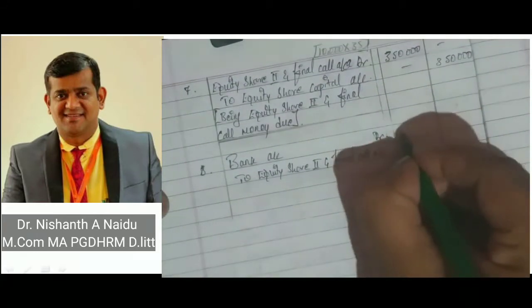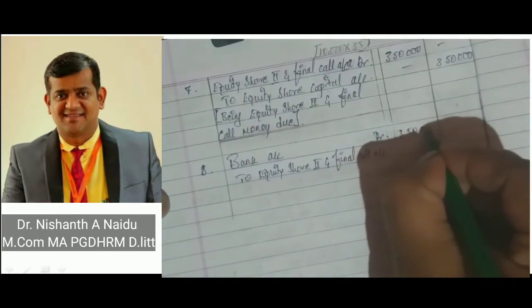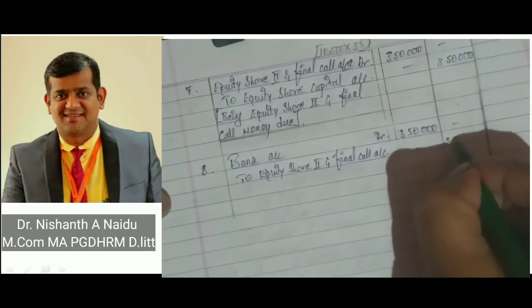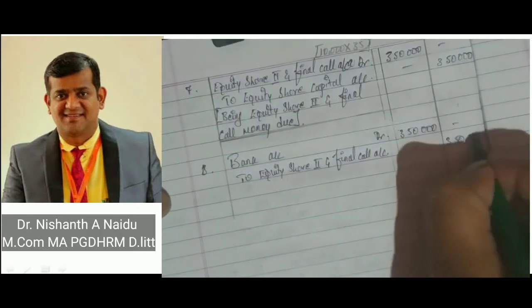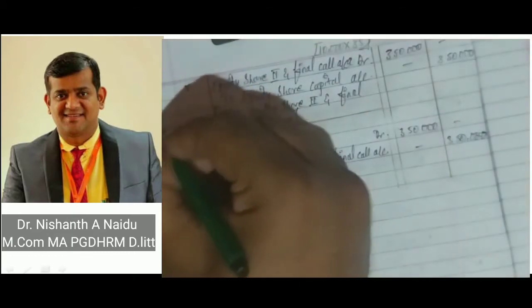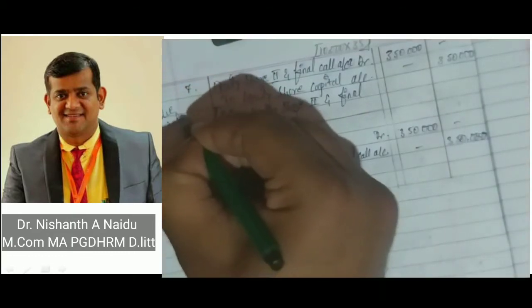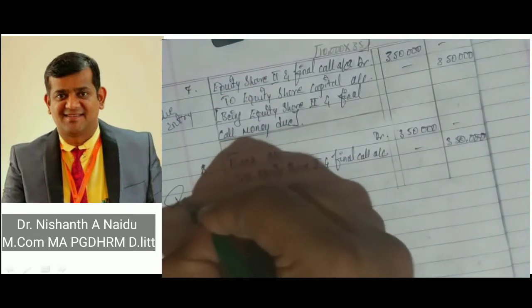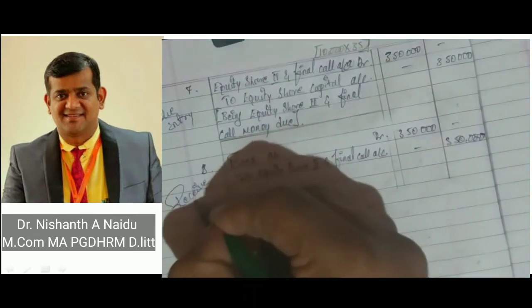So the amount comes same, 3,50,000, 3,50,000. Okay, so again what I am going to write, it is going to be a due entry and it is going to be a receive entry.